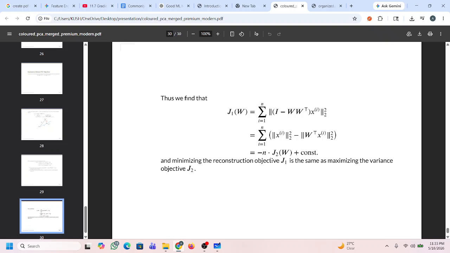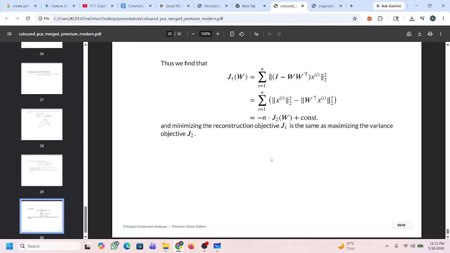From here I can write the squared L2 norm of xi minus the squared L2 norm of W transpose xi. So the norm of xi will give you a constant, and then W transpose x will give minus n times J2(W). Why n? Because if 1 by n is multiplied there, it will basically be J2(W). So we saw that minimizing the reconstruction objective J1 is the same as maximizing the variance objective.